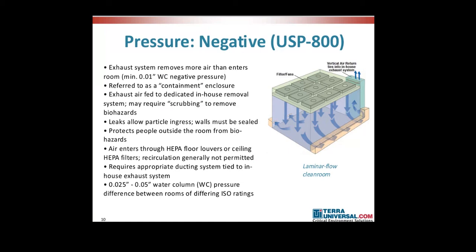Typically that will be through exhaust ducting installed near the base of the room right outside the buffer area, as you see in the illustration. And then that air will be directed typically upwards and tied to an exhaust system, which is typically roof mounted. And in the rooms that we're recommending and that we provide to our customers, we'll provide a means of connecting that ducting system to a roof ventilation system.